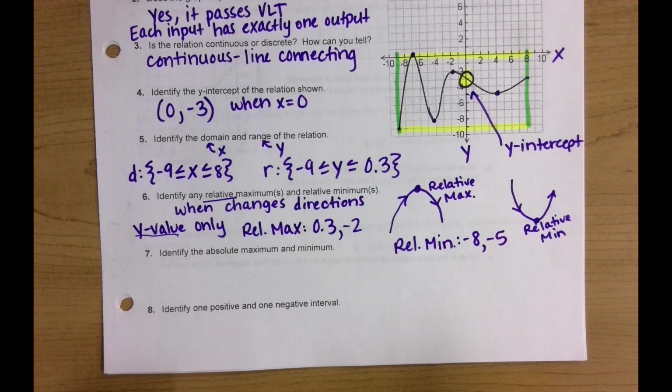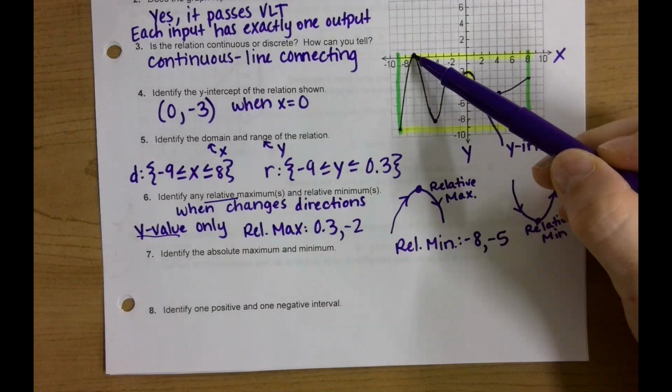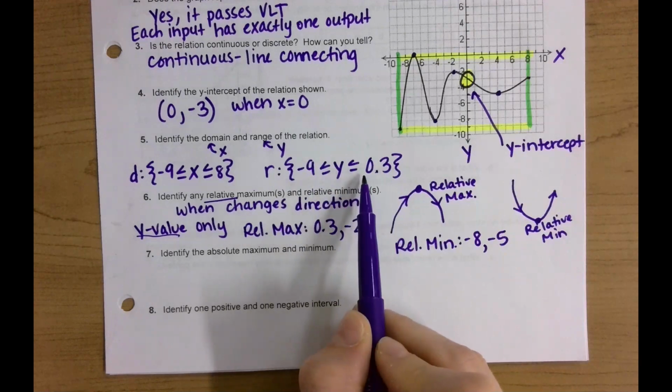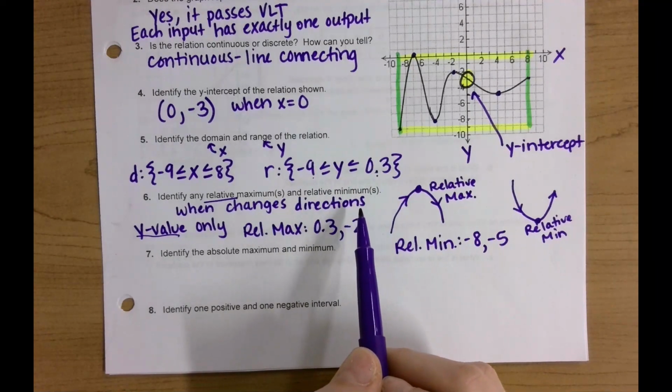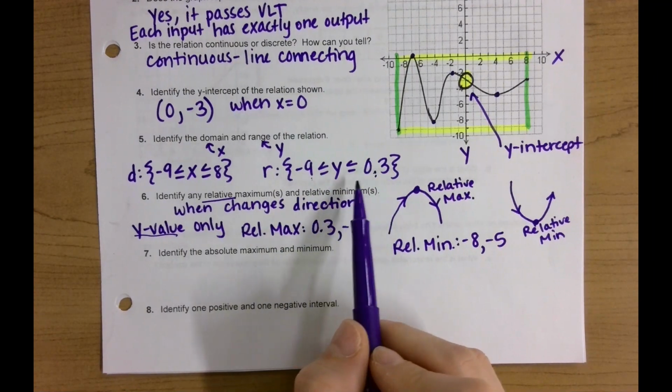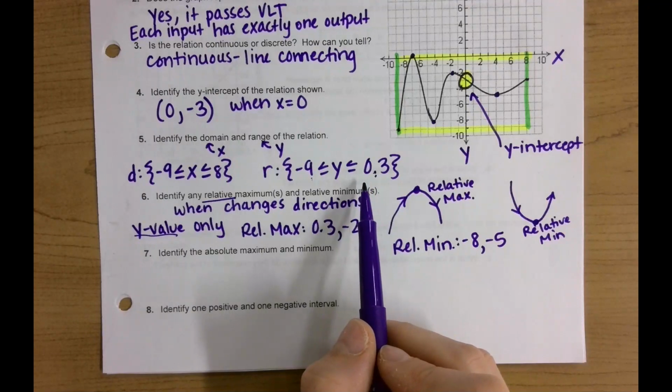Number 7, identify the absolute maximum and minimum. These are the very highest and lowest points. So going back to the very highest point, go back to where you wrote your range. We use the lowest and the highest point here, so it's going to relate to this because endpoints are included.